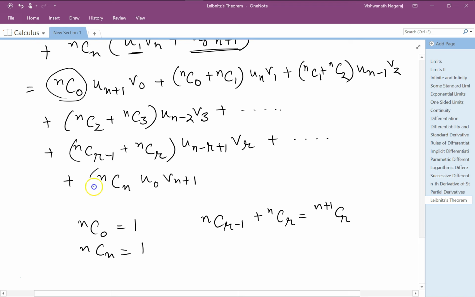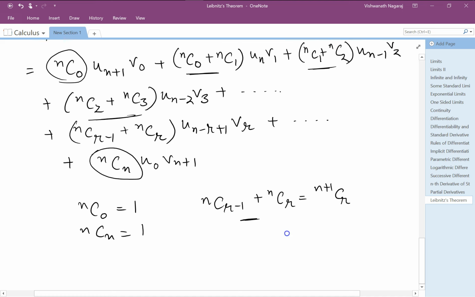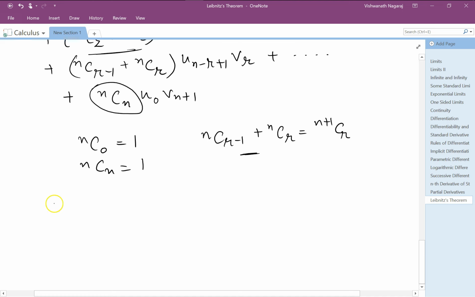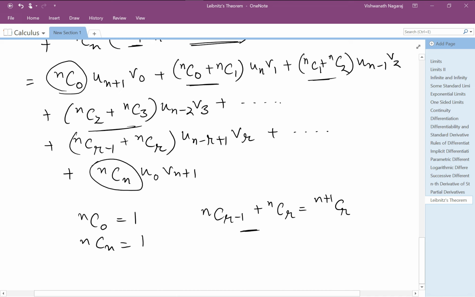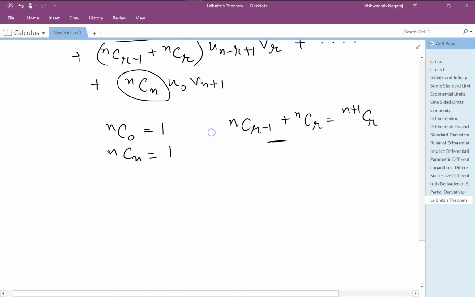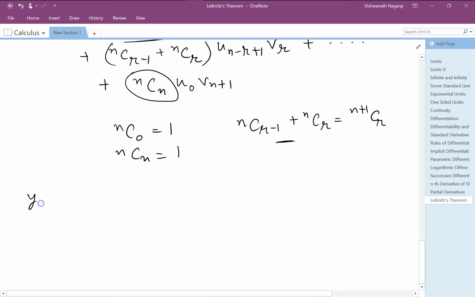Now keeping these three in mind, what happens? This becomes 1, this becomes 1, yes, and because of this, this will become n plus 1 c1. This will become n plus 1 c2, n plus 1 c3. Okay, so let's do the substitutions. So here we are talking of, don't forget what we are talking of, y n plus 1th derivative.